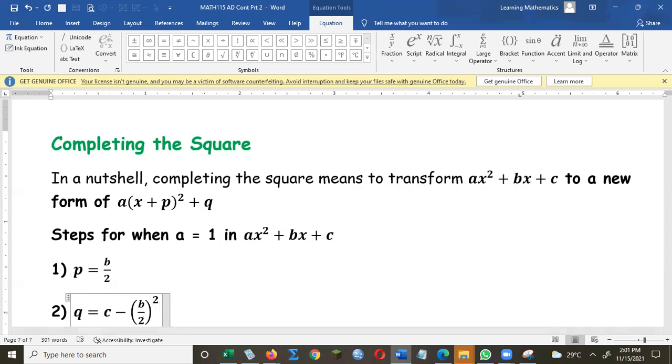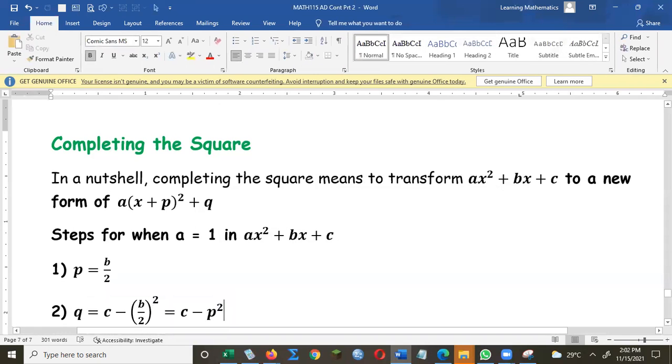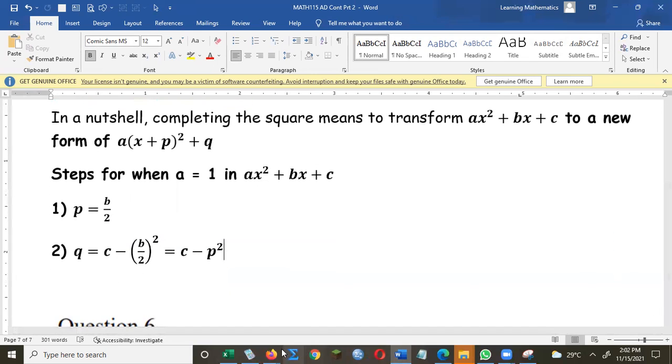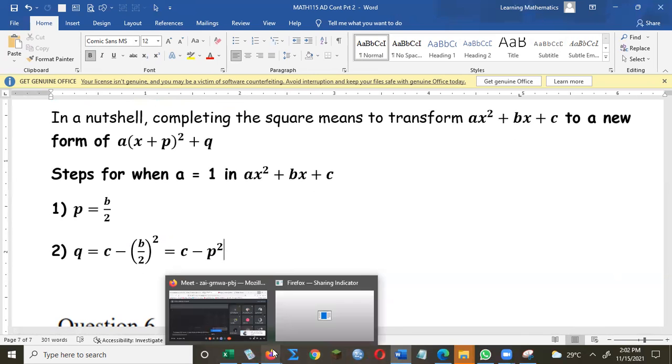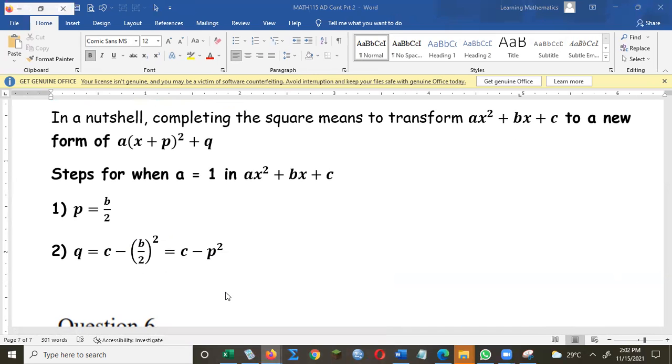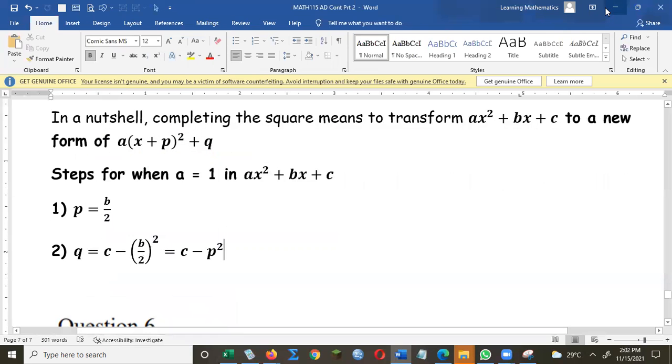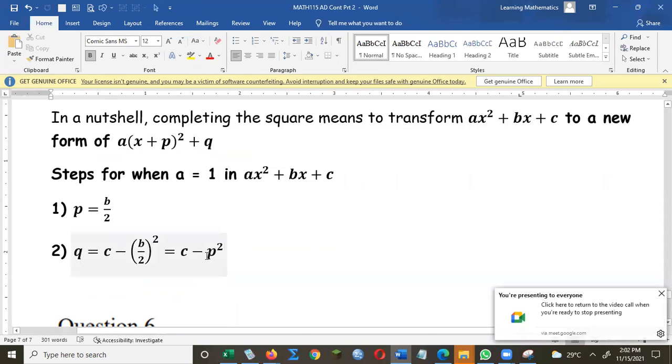So therefore, q is always c minus p squared. That's for when a is 1. Simple as that. So p is always b over 2, always bear that in mind. And q is always c minus b over 2 squared. But b over 2 is p, so therefore q is always c minus p squared.